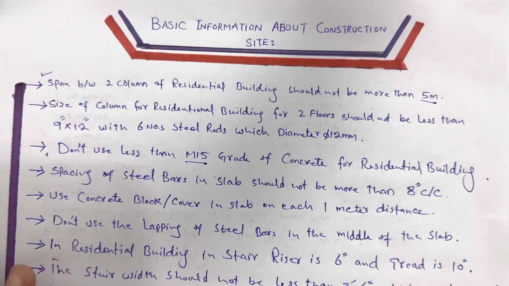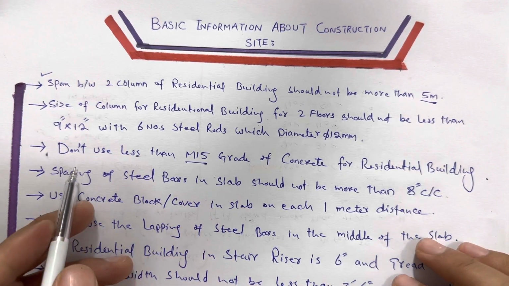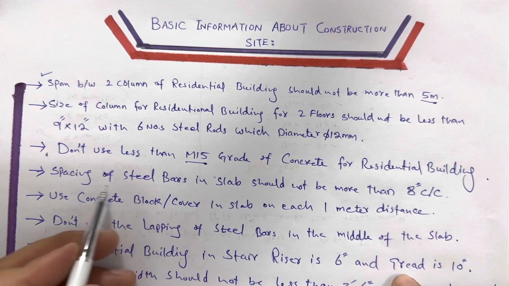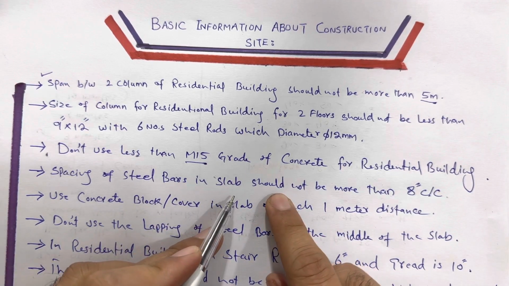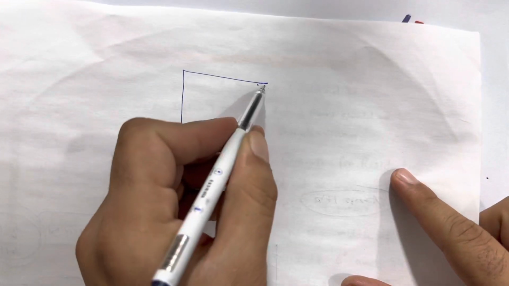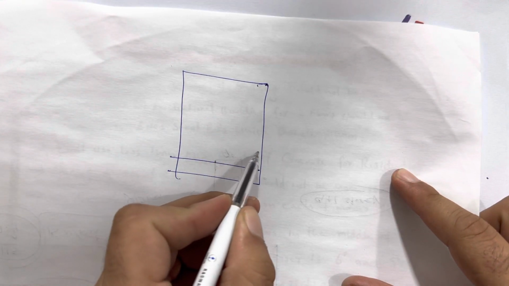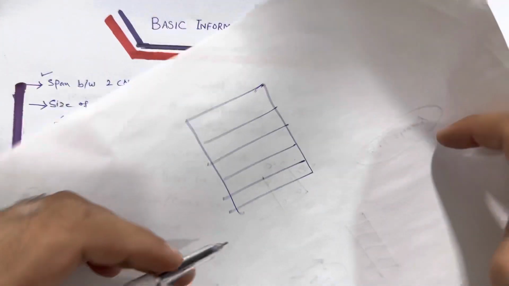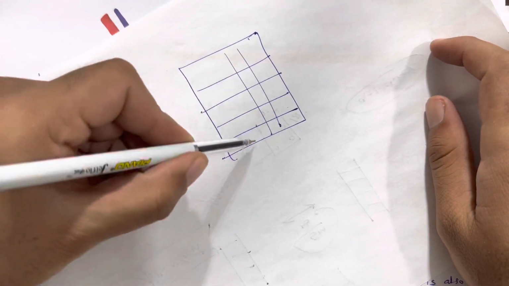Next, guys, here we have the other one: spacing of steel bars in slab should not be more than 8 by 8 inches, center to center. Suppose I have an RCC slab here, and we have main bars and distribution bars.